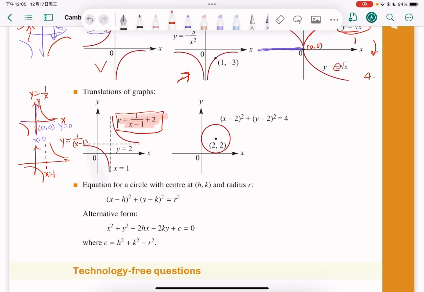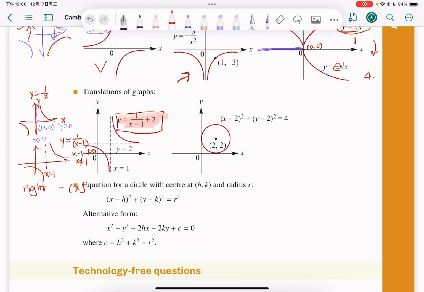Because x minus 1 cannot be 0, and x cannot be 1. So when we move the graph to the right, it actually means a minus for the x.